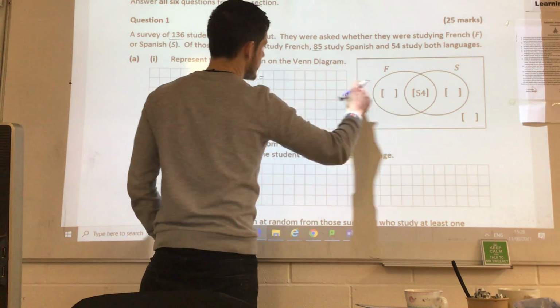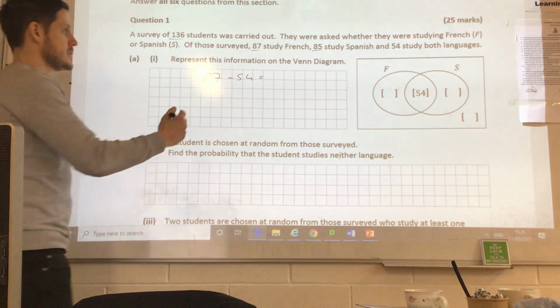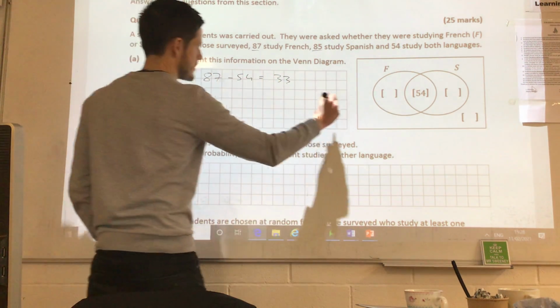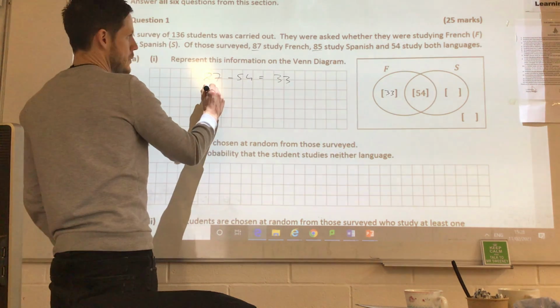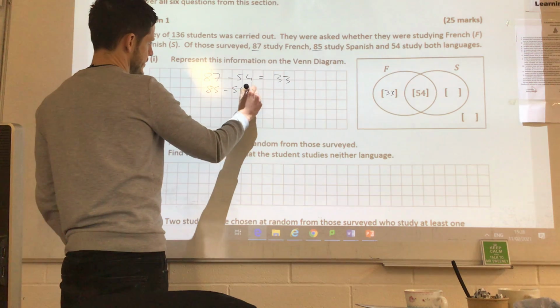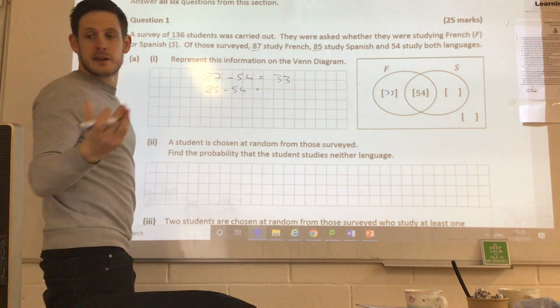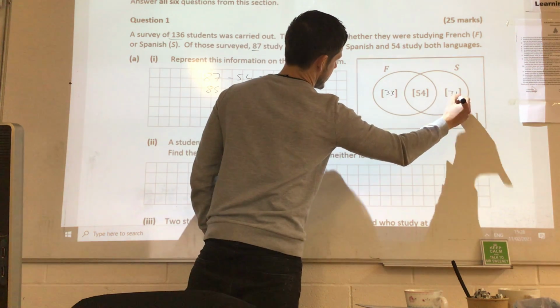So if I take the 54 away from the 87, we get the number of people that just studied French, which is 33. Again, we do the same for over here. We know that 85 study Spanish minus 54. We take away 85 minus 54, we get 31. So we get 31 here.